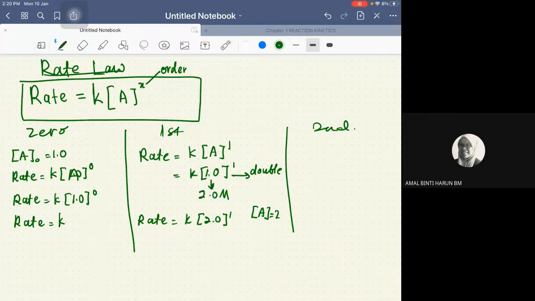Okay. So kita boleh buat apa tadi? Factorize, you akan dapat 2K, 1.0 power of 1. Okay, sekarang kita tengok apakah hubungan dia. Kalau awal-awal concentration dia 1 molar, kita akan dapat ni. Bila kita double, kita akan dapat ni.